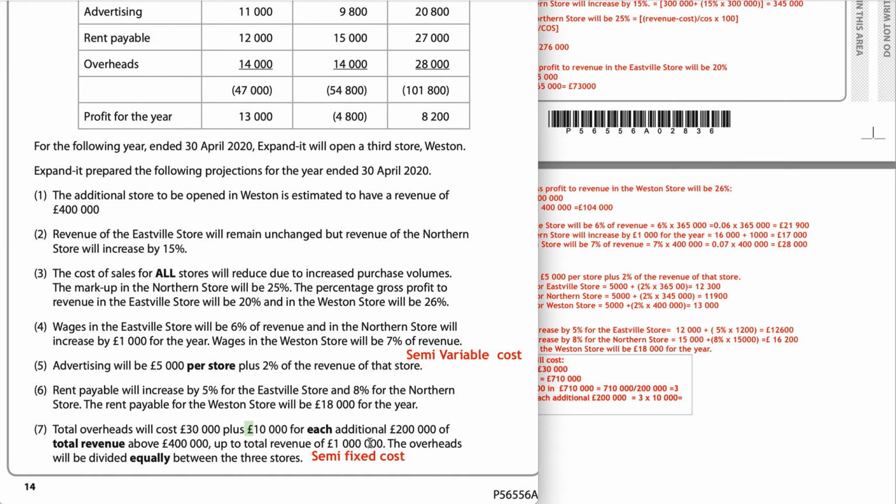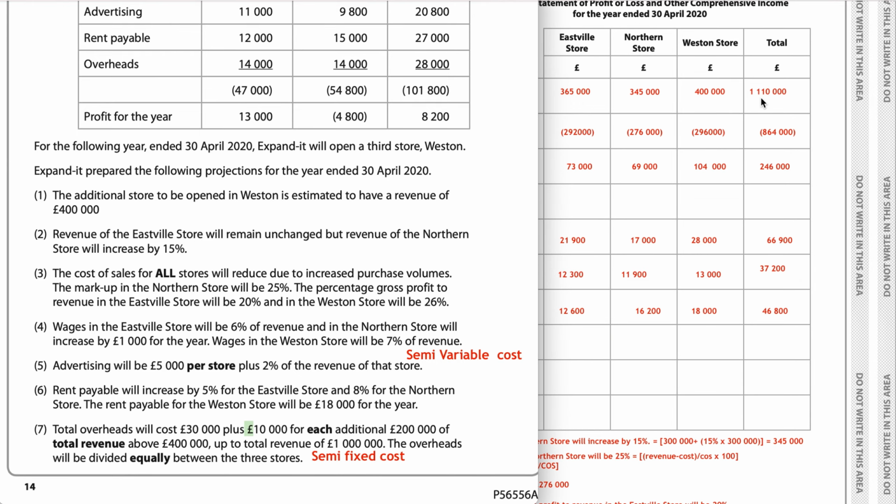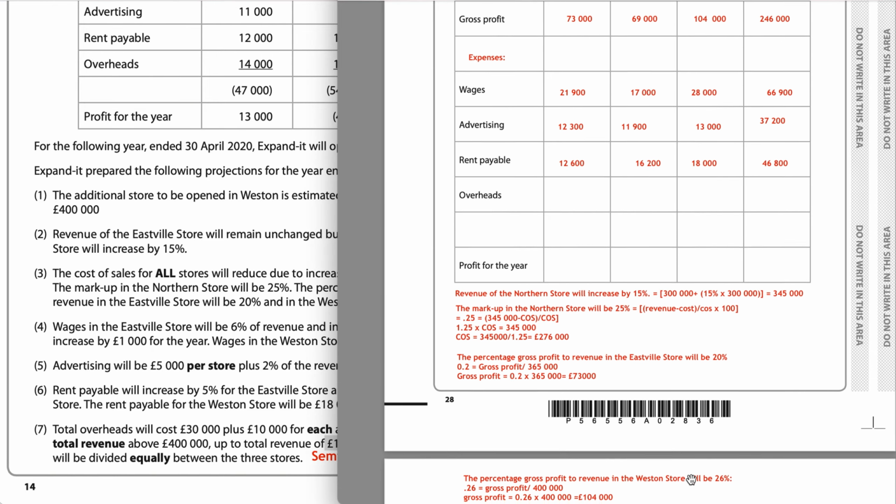And this concept only applies up to 1 million. We don't know what happens beyond 1 million, because beyond that it starts becoming 110,000. So up to 1 million pounds it is increasing.